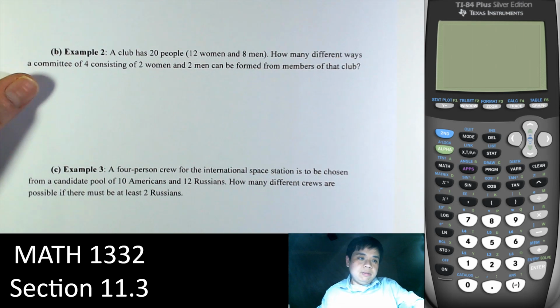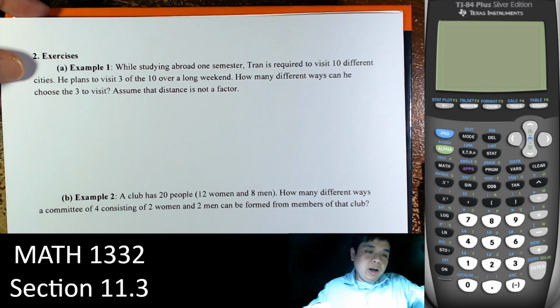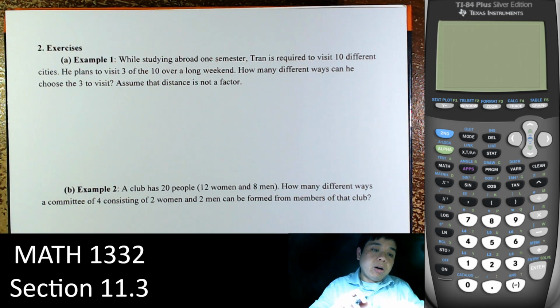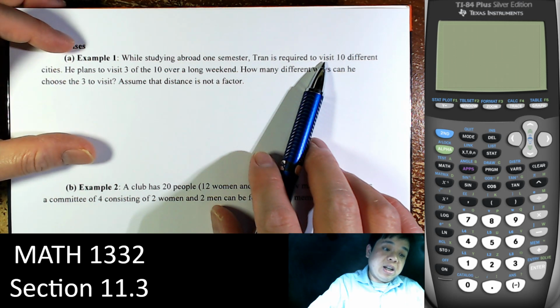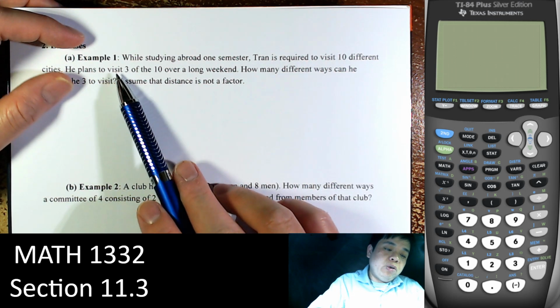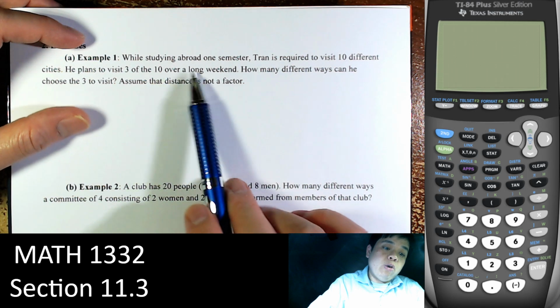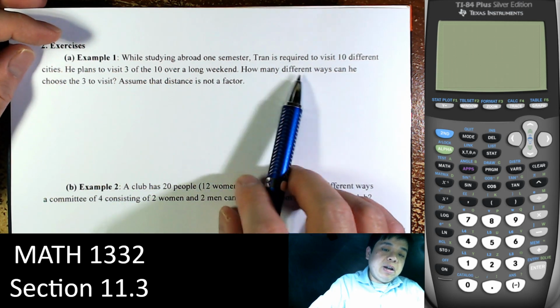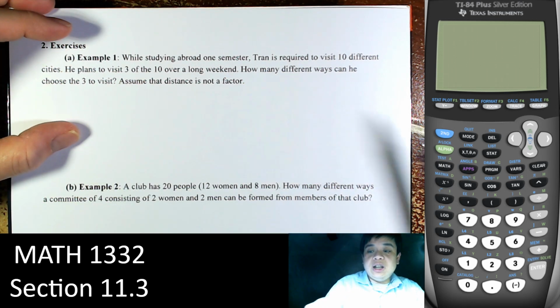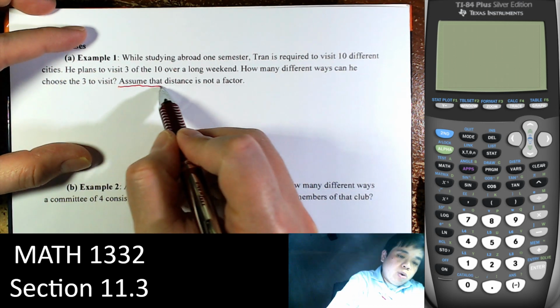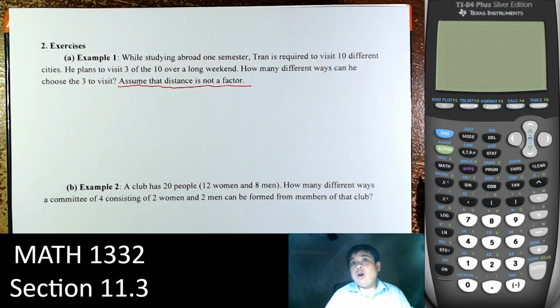Now we have some examples. While studying abroad for one semester, Trent is required to visit 10 different cities, so there are 10 to choose from, and he plans to visit 3 out of 10 over a long weekend. How many different ways can he choose 3 to visit, assuming that the distance is not a factor? That is very important. In reality, that may not be the case. Let's say you want to visit Dallas, Austin, and Houston, for example.